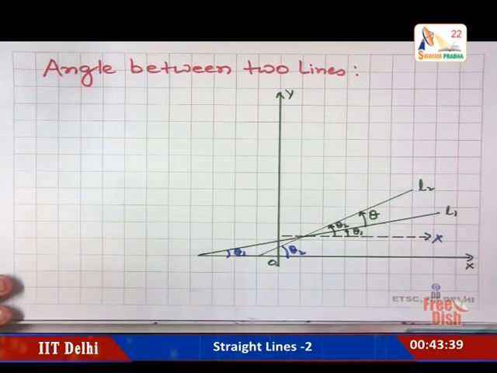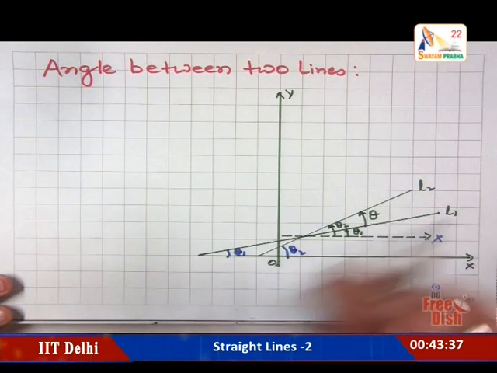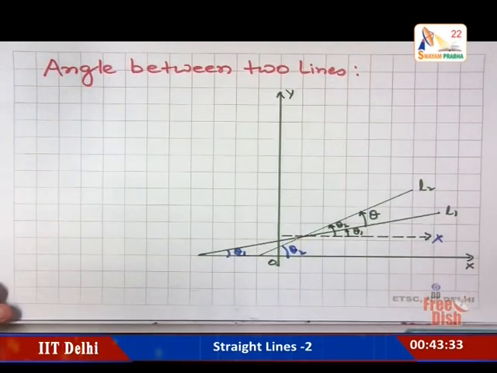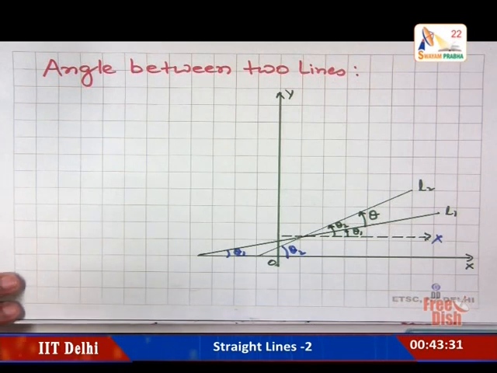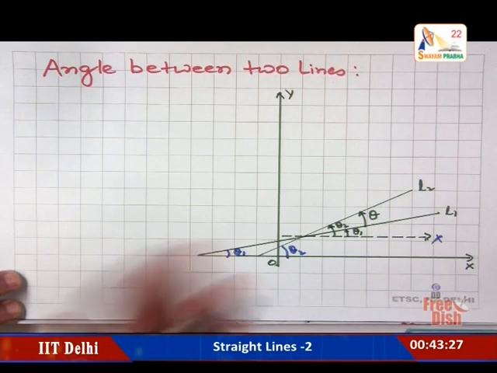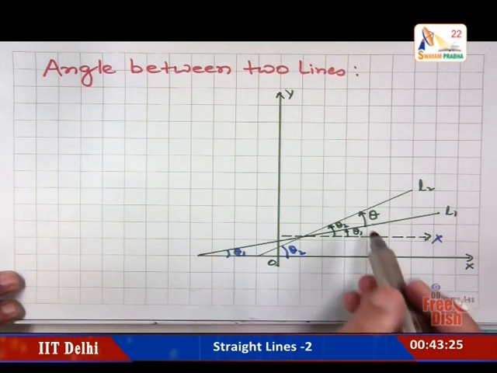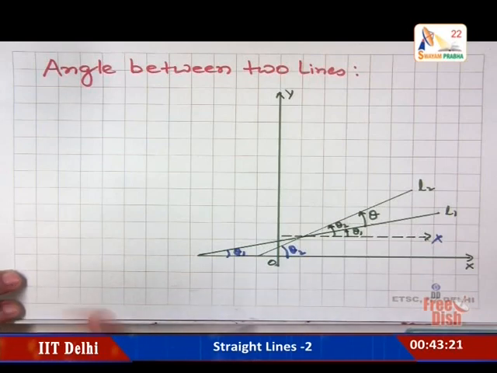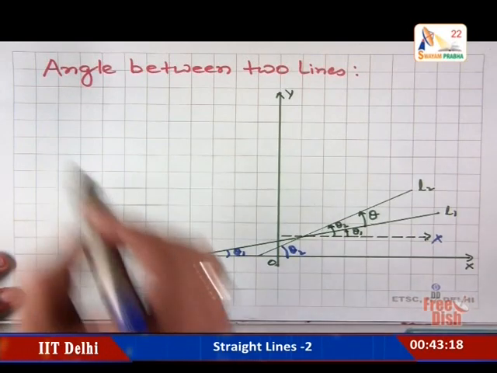We have to find the acute angle between these two lines, because when two lines intersect each other, they make an acute angle and an obtuse angle both, if the two lines are not perpendicular to each other. So we just find the acute angle theta between these two lines L1 and L2.